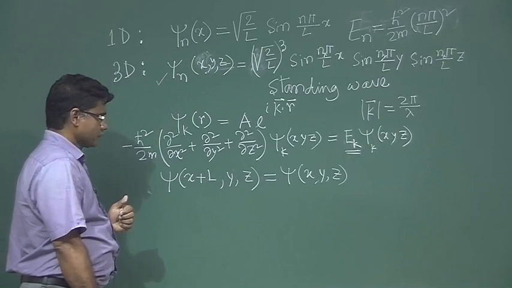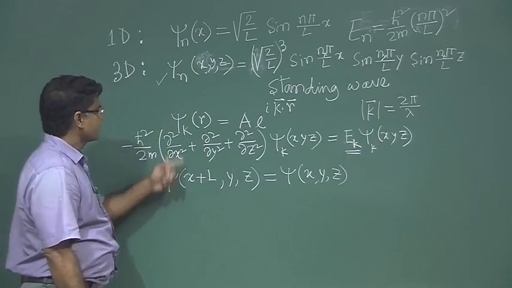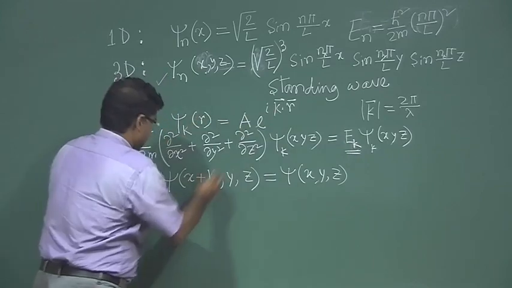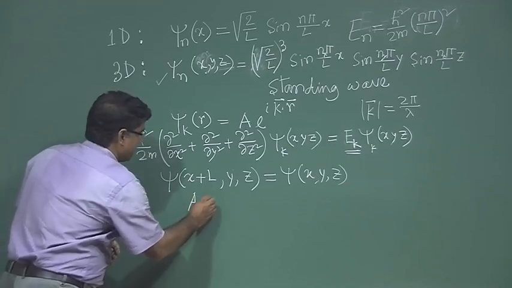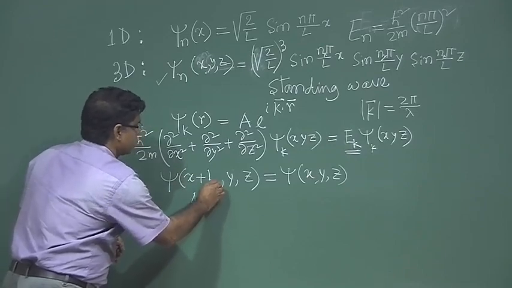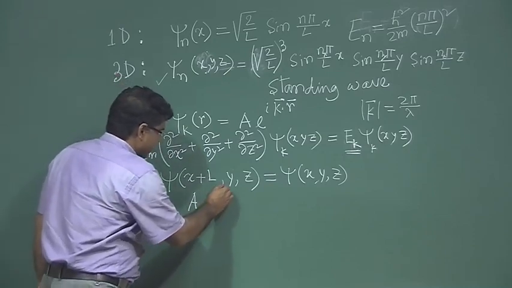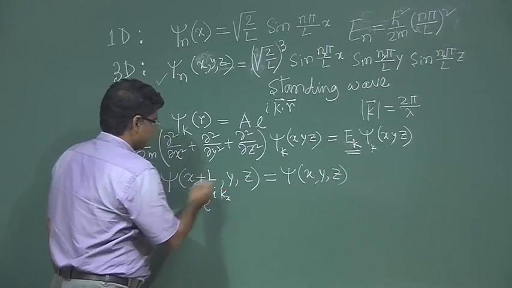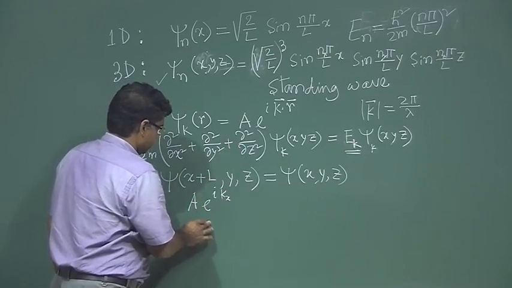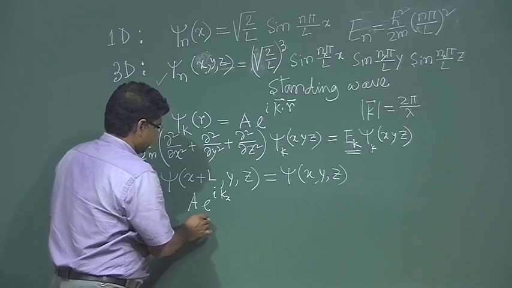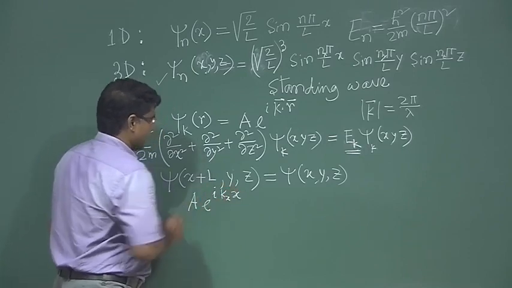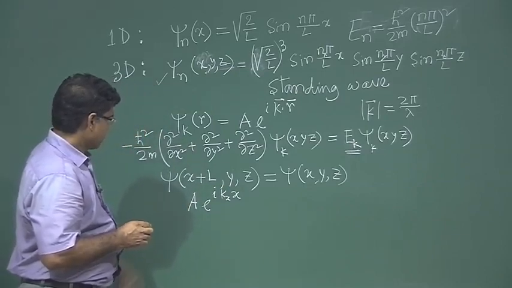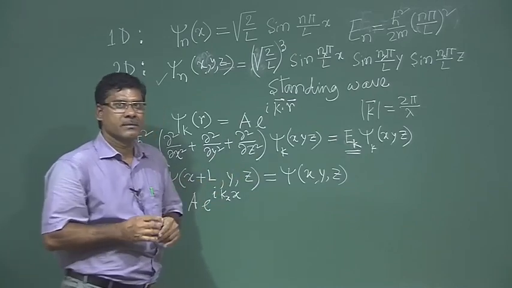So, if this is the form, you can see that the wave function is a e to the power I k x x plus other terms for y and z.